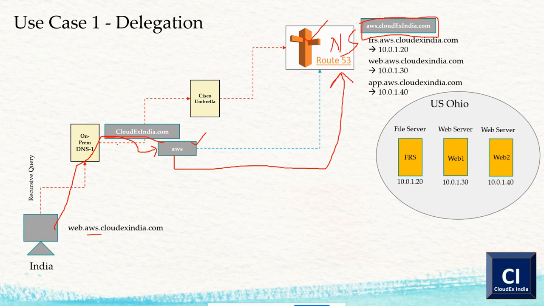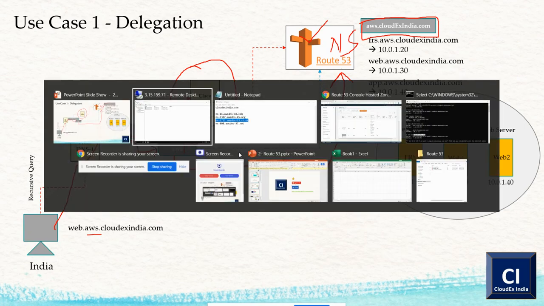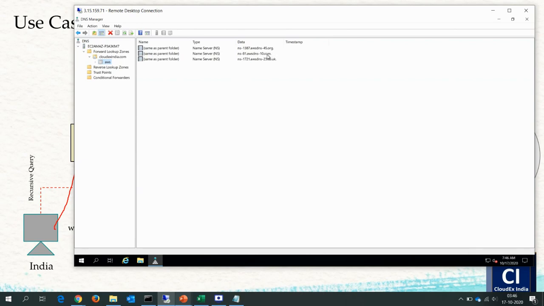Remember, in such a scenario, it will not follow your forwarding mechanism. It bypasses this channel since you have every piece of information: the zone, the subzone, and the target IP address where your query needs to go. The NS record and NS IP address you already provided over here.